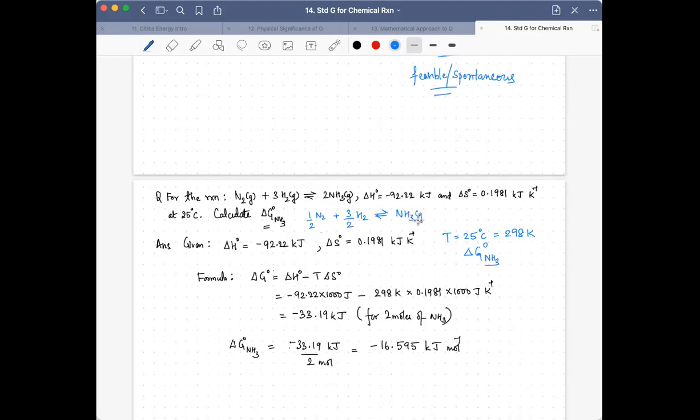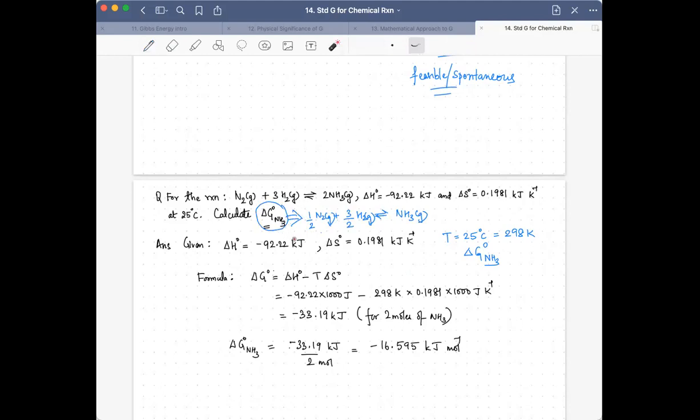This is a gas, this is again a gas, and this is again a gas. So this reaction's delta G is what you mean by delta G naught of NH3.